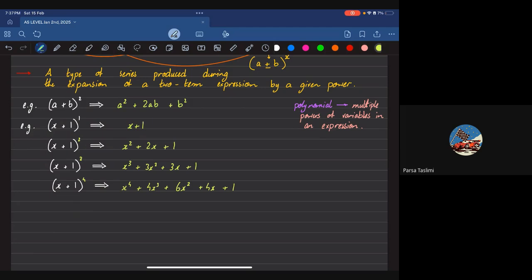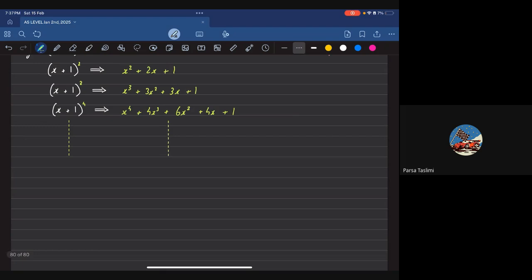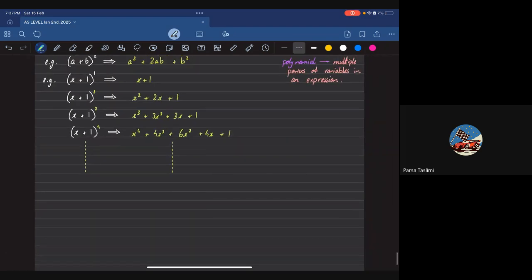And it is going to go on till it can. It can continue along its merry way. Same goes for the expression as well. You can keep on changing the power, and it is going to keep on expanding.